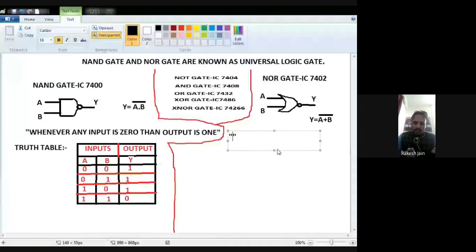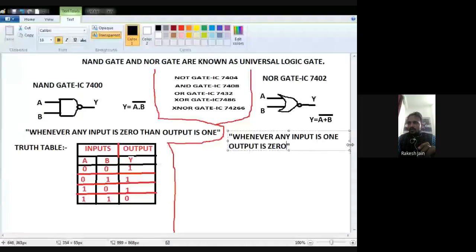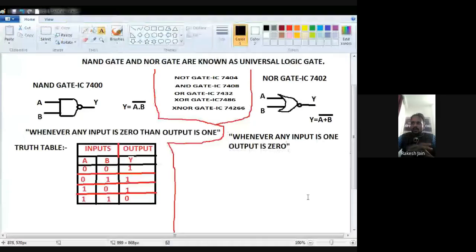Now what is the basic definition of the NOR gate? Whenever any input is 1, output is 0, or we can say whenever both inputs are 0, output is 1. Anything you can remember.